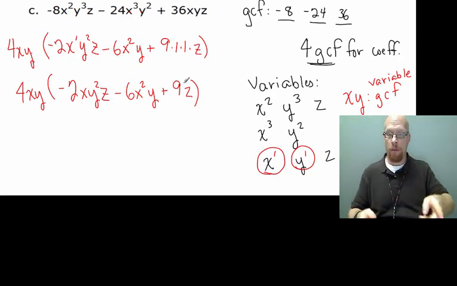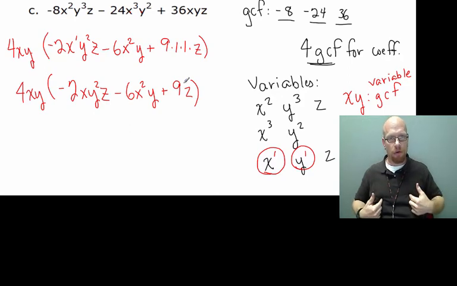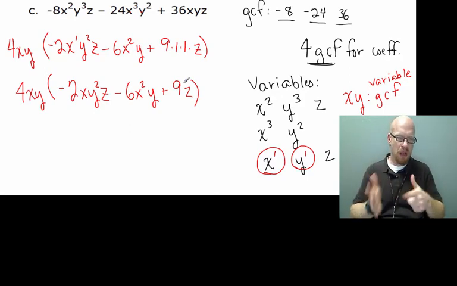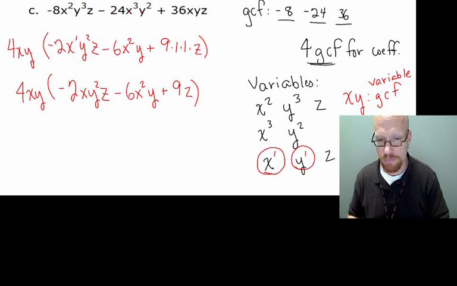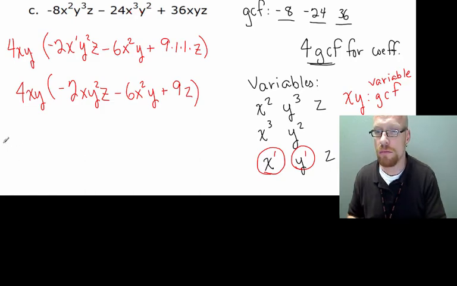One point I want to discuss is that I have negative 2xy squared z and negative 6x squared y. I can divide out a negative, and it would change how it looks, and I'll show you that right now.